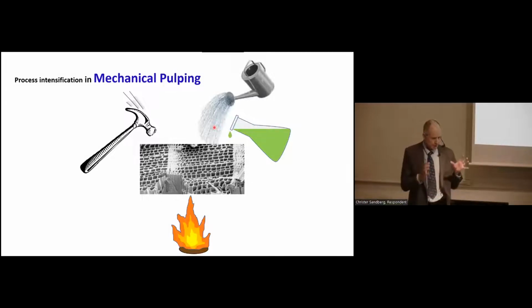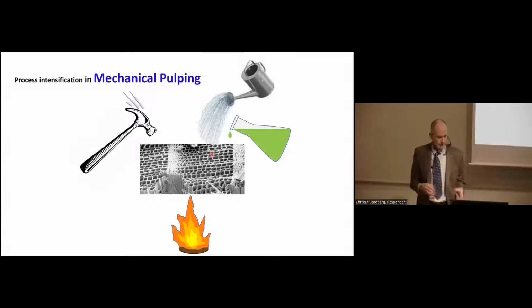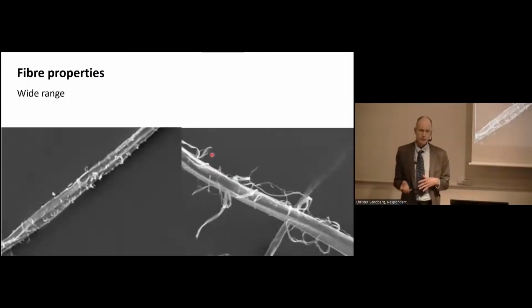And by combining these four ingredients, and of course it is very important which kind of wood you take, which piece of wood, that is also an important factor. But if you have a certain wood, and I have worked with spruce, you can combine these four factors and make very large differences in the pulp quality and in the fibers produced.